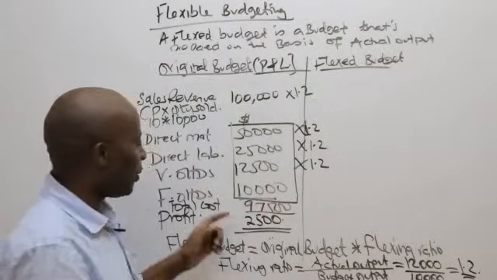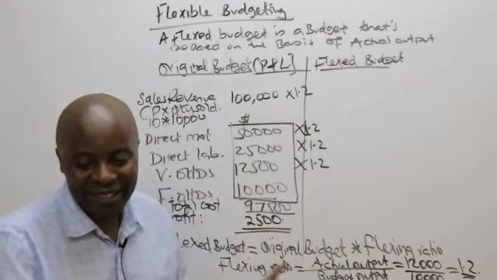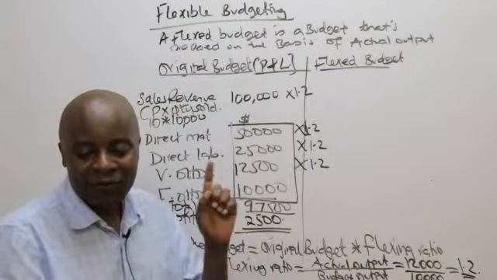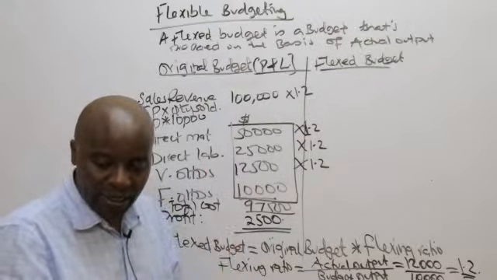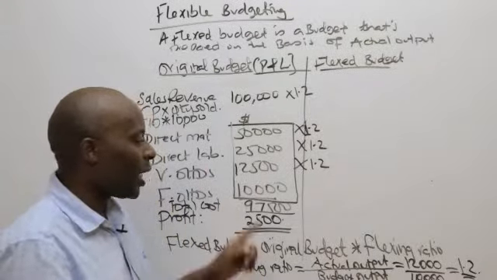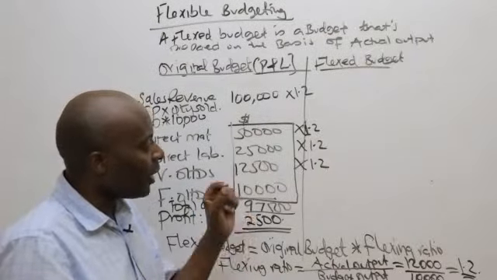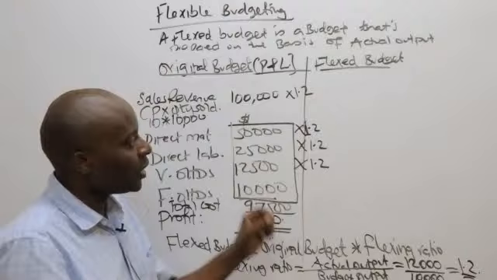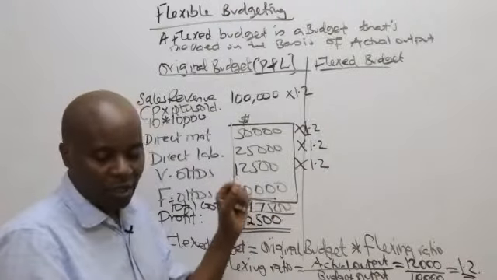And then, ladies and gentlemen, lastly, we don't flex fixed costs. Fixed expenses are not flexible. If I were you, I would have written these somewhere there in my mother tongue, that we don't flex fixed overheads.